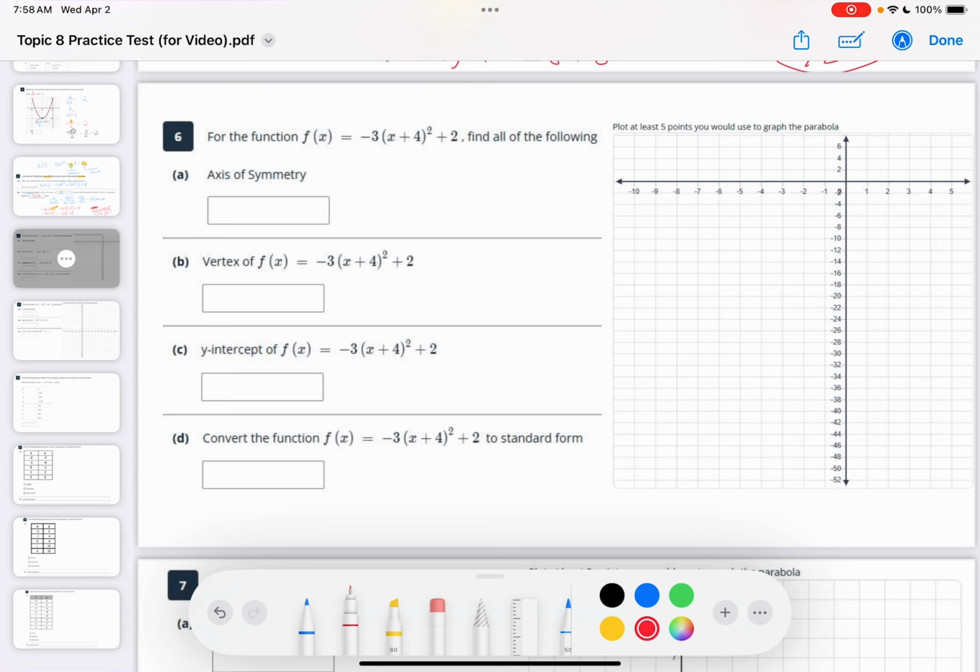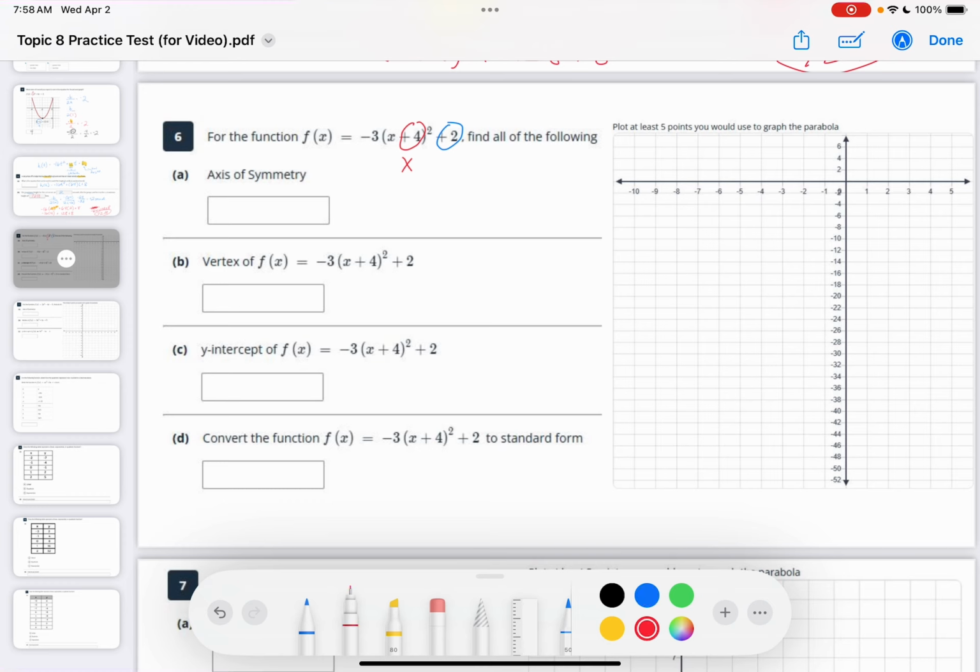For the function negative 3 times (x plus 4) squared plus 2, find the following. Again, this is in vertex form, which means finding the vertex is pretty straightforward. This is going to be my x value, but opposite of the sign, this is my y value. So that's where I'm going to start.